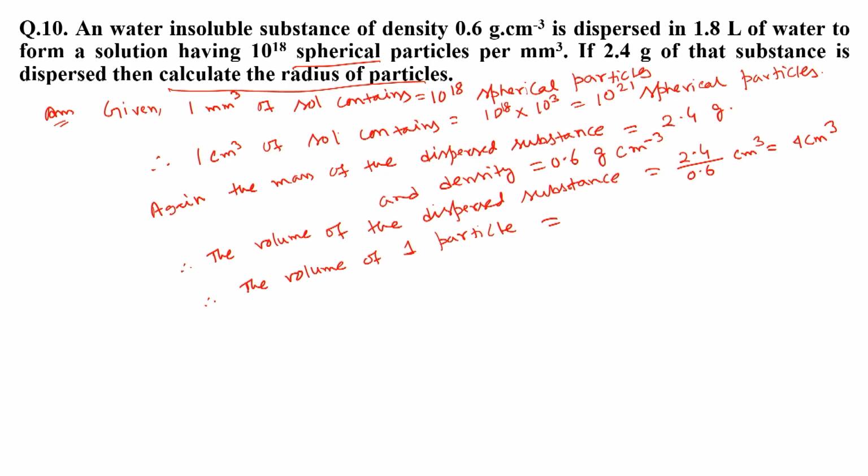And again it is in 1.8 liter of water. So we get 4 by 1.8 times 10 to the 24 centimeter cube. This is the volume of a single particle.